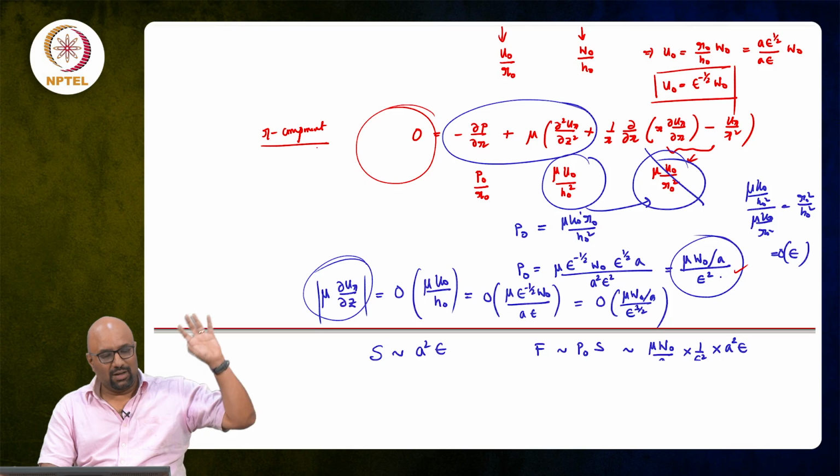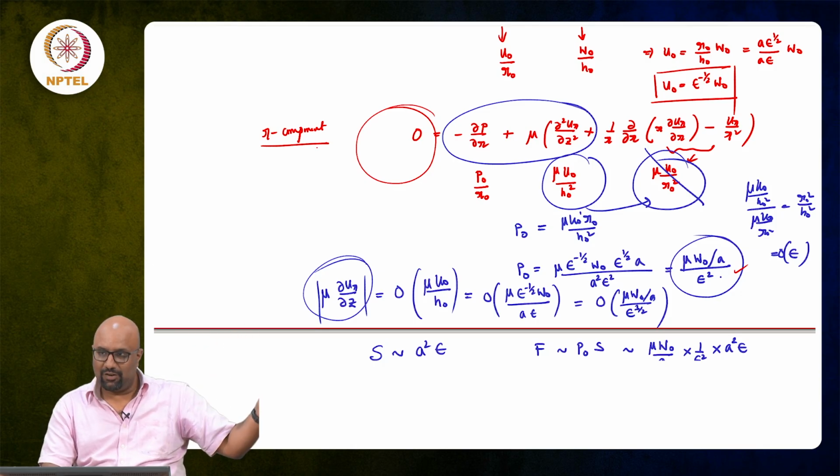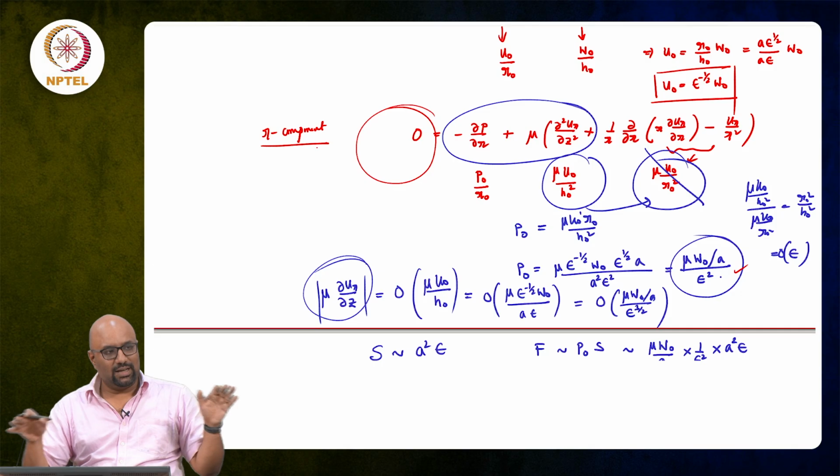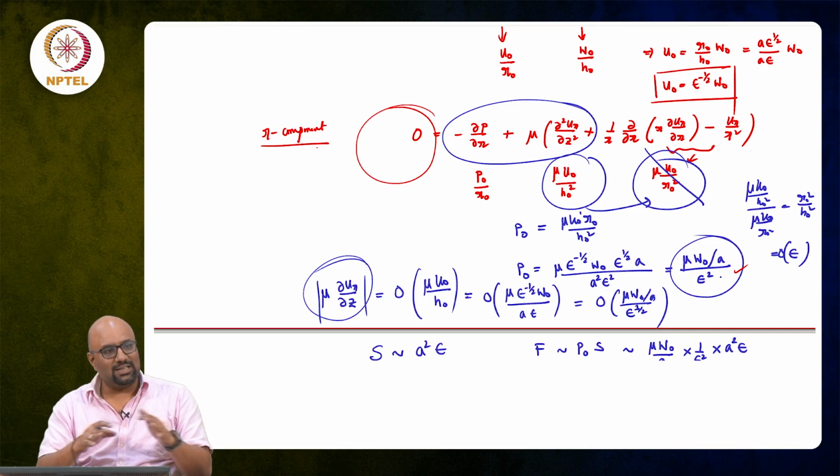So, you have a picture of doing this calculation in the far field using method of reflections, and you have a picture here at least done in detail for the squeeze flow and some qualitative way for the shear flow part in the near field picture. So, obviously, as you can imagine, what lies in between is a lot of numerical calculation, but you have a feel for what is going on.